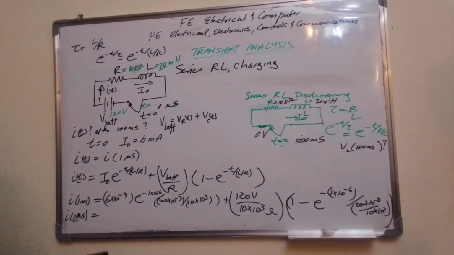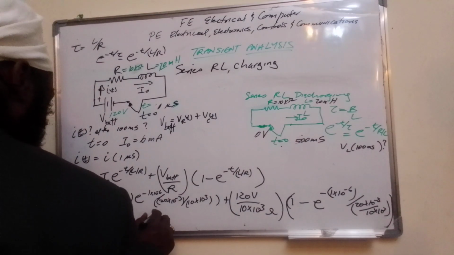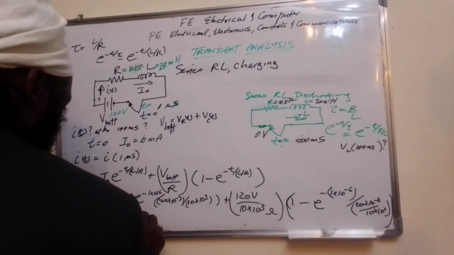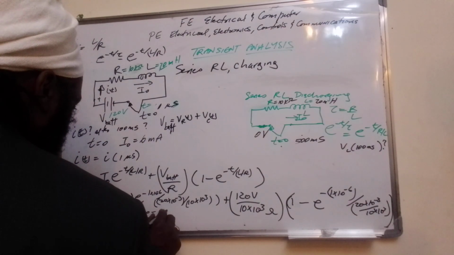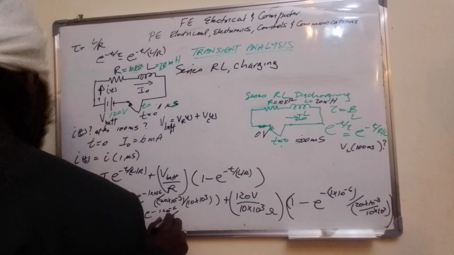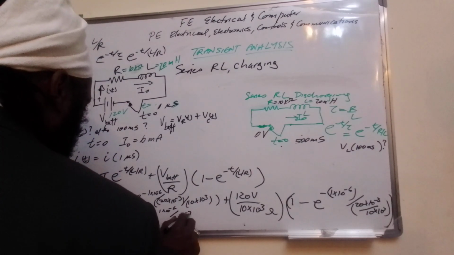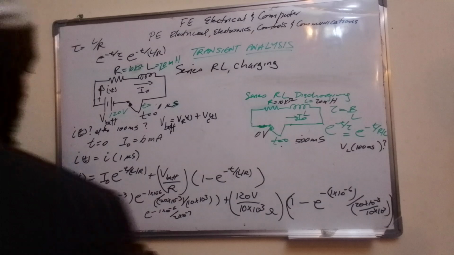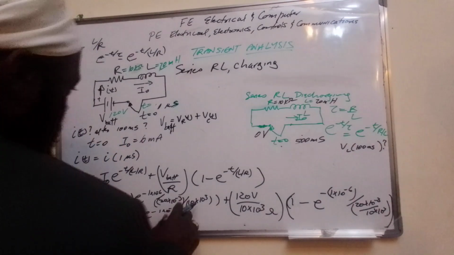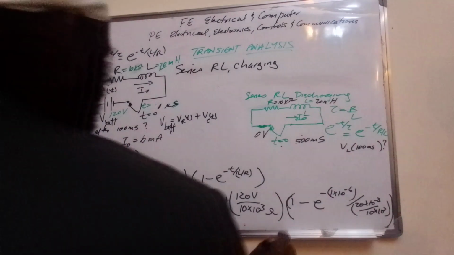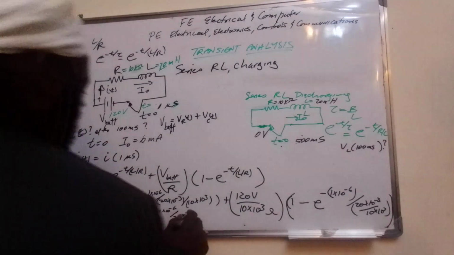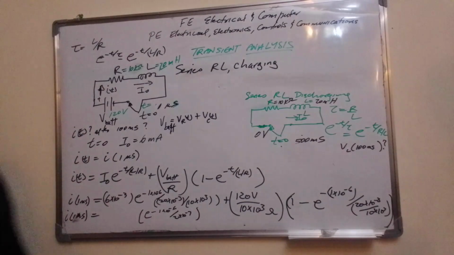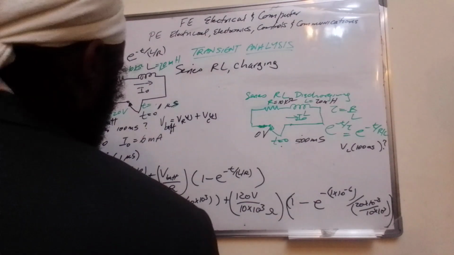Okay, so that's basically e to the minus 1 times 10 to the minus 6 divided by 2 times 10 to the minus 7. So this piece comes out to 2 times 10 to the minus 7, and we can substitute that piece there. So what is e to the minus 1 times 10 to the minus 6 divided by 2 times 10 to the minus 7?